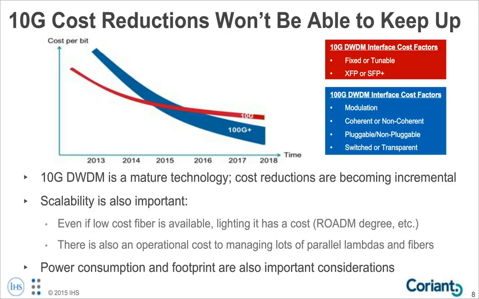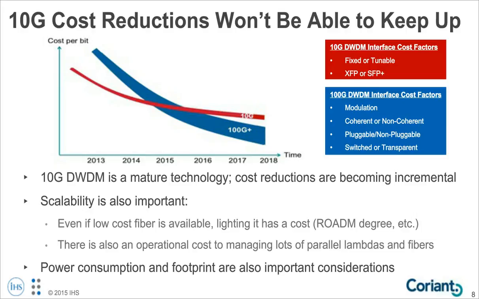The second problem is there's always been this view that in the metro, fiber's available and it's not expensive, so you can throw fiber at the problem. Spectral efficiency isn't that important. But as we see these huge increases in traffic, if we try and throw fiber at the problem, it has both a capex cost, because we have to light that fiber with ROADM degrees, but it also has an operational cost.